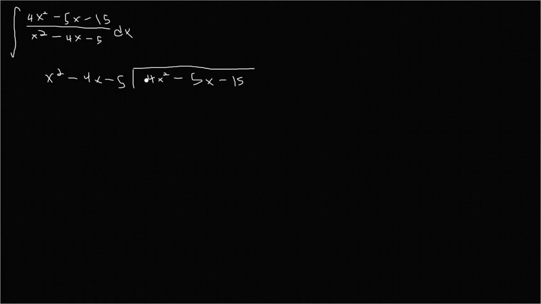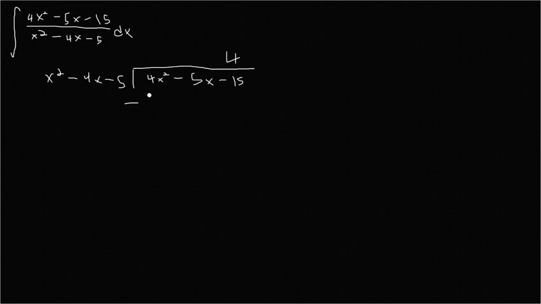And so now we're going to do long division. And so we look at this and this. To get from x squared to 4x, we multiply by 4. And so we put it over our constant because it's a constant term. And so now we can start our subtraction.